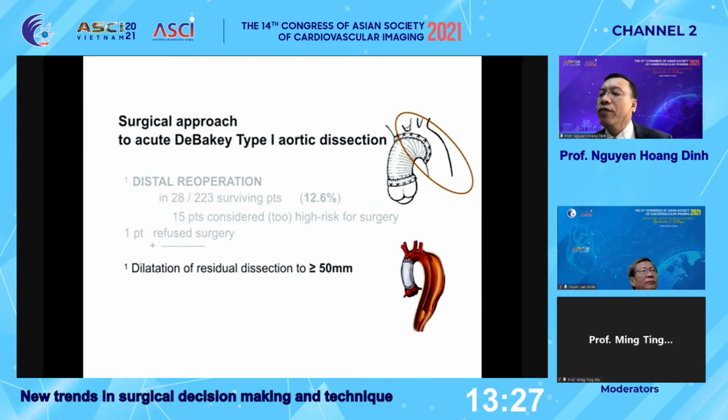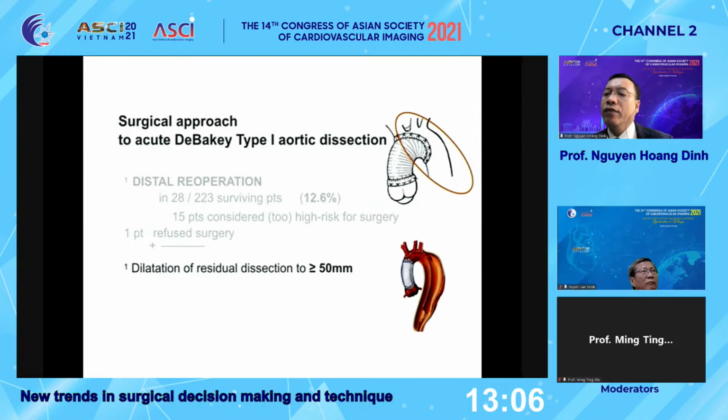They observe a freedom from late dilatation of 81% at 5 years and 71% at 10 years. So roughly 1 in every 5 surviving patients dilated up to 50 millimeters or more in the downstream aorta.